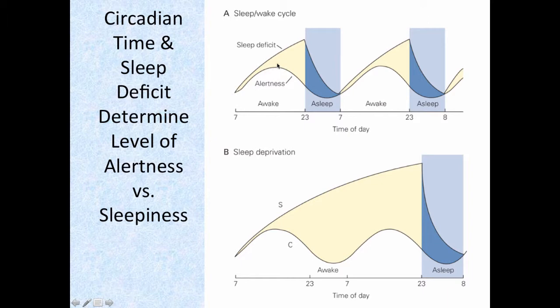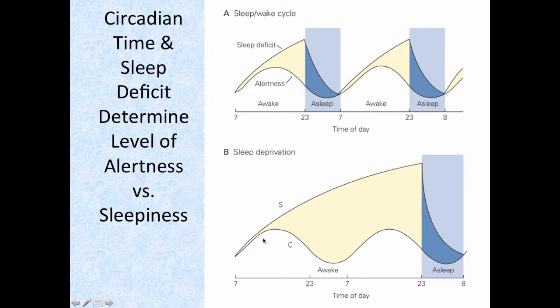And as the day progresses past midday, our alertness starts to decline while our sleep deficit starts to increase. And our sleep deficit makes us more and more tired, and our declining alertness makes sleep more and more possible. Okay. And then we finally enter our stage of sleep. Our alertness is very low. Our sleep deficit gradually decreases back to waking levels. Okay, and the whole cycle starts again.